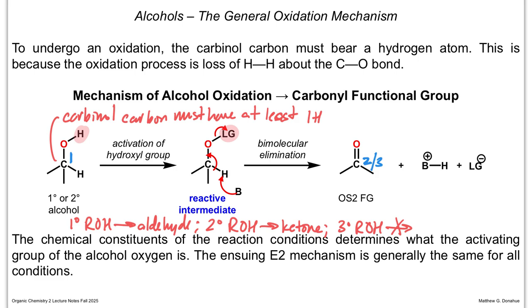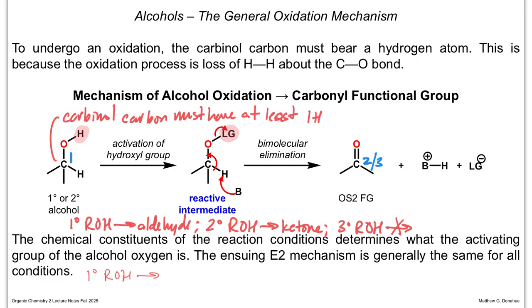A primary alcohol is the only one that can undergo a two-stage oxidation. If that carbon goes from OS1 to OS3, what functional group is produced? So remember now that the carbonyl is at the terminal carbon.